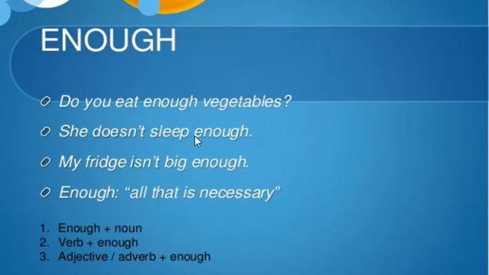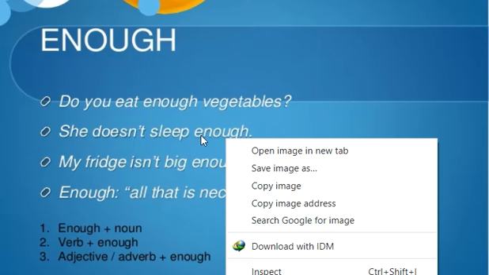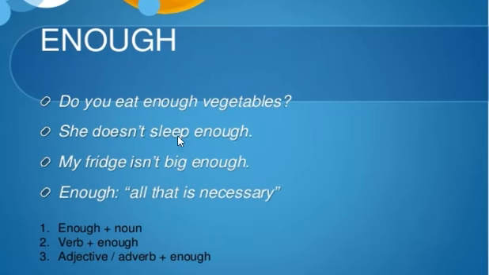So as you see here, enough is here, and after enough we have a noun. The other one is bringing a verb before enough. She doesn't sleep enough. So before enough you can have a verb. The other structure is an adjective or adverb before enough. My fridge isn't big enough. It means that it is not big enough to put many things inside.